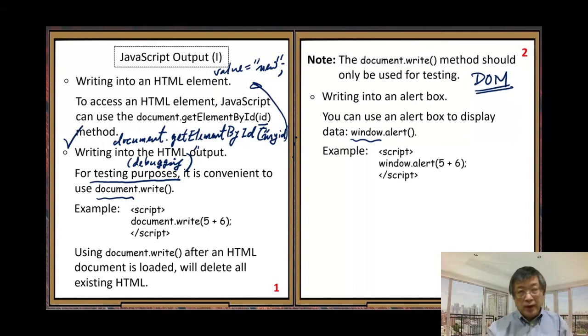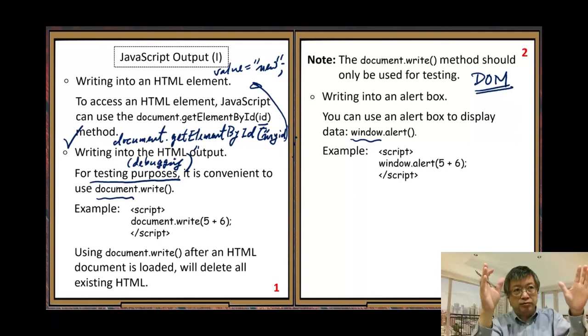Example. When we write the JavaScript statement window.alert(5 + 6), an arithmetic expression, you do not print 5 plus 6, you print the result of 5 plus 6, which is 11. So 11 is displayed in the pop-up alert box.